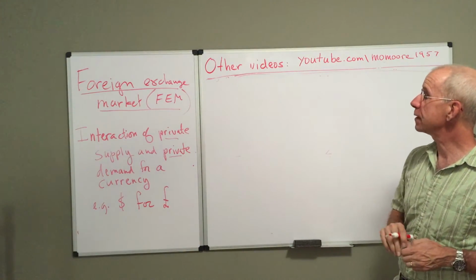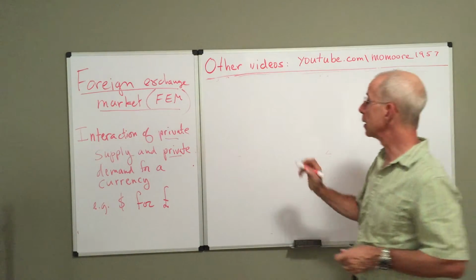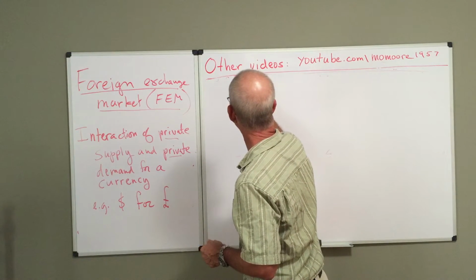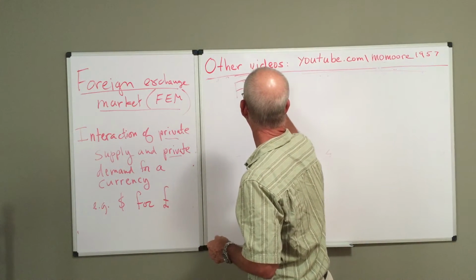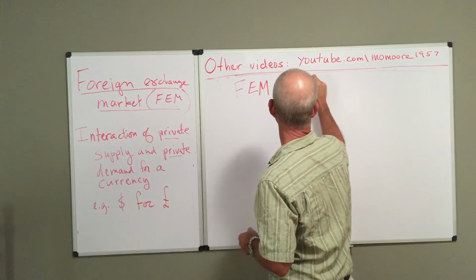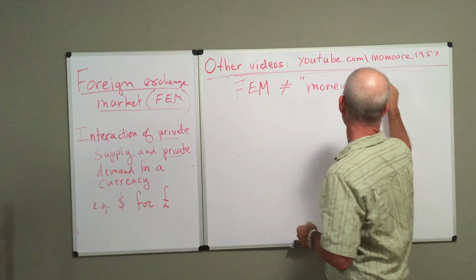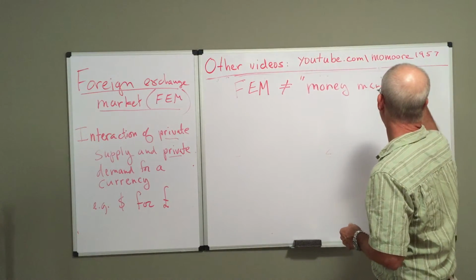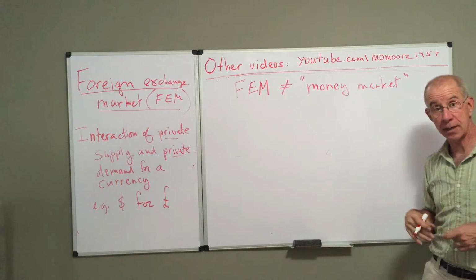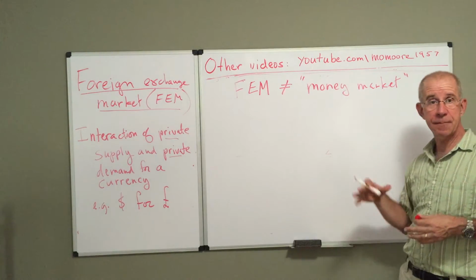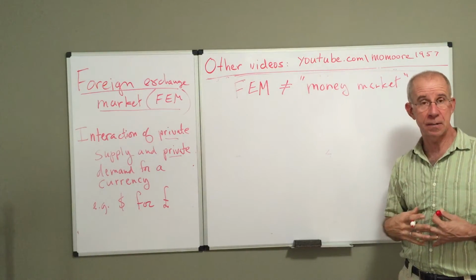Now, one thing that I want to make very clear is that the foreign exchange market is not the same thing as the money market. Some of you may have learned about money markets in a macroeconomics course. That is typically something that happens within a domestic economy.